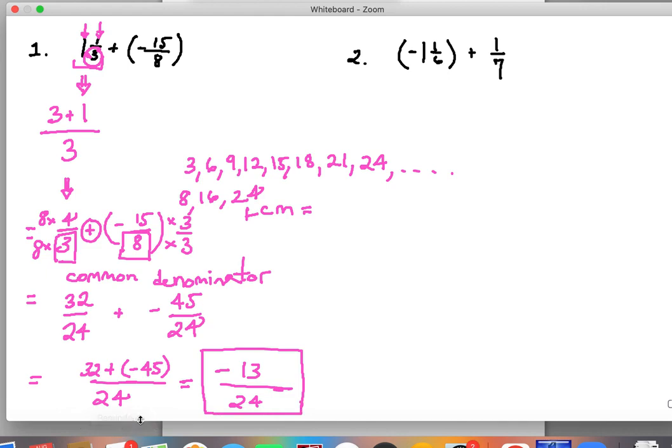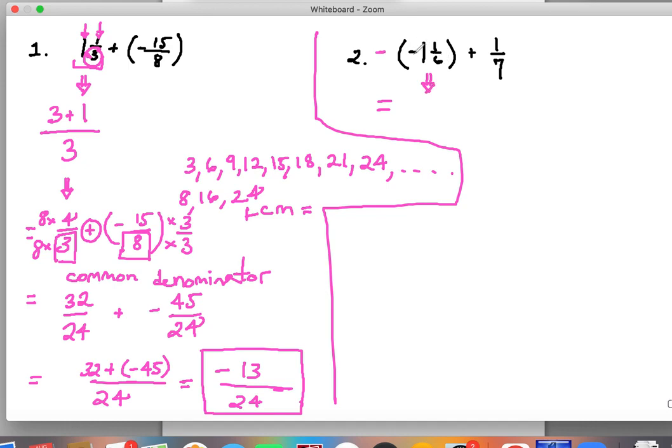Okay. Let's do this again, but now for number 2. Take your time. It does take time. So again, step 1. Get everything to being an improper fraction. So this is a mixed number. You need to change that to an improper fraction. So I do 6 times 1, plus 1. The negative, move it out to the side.